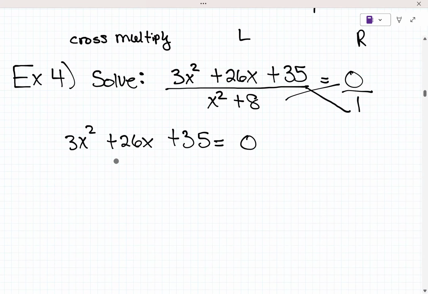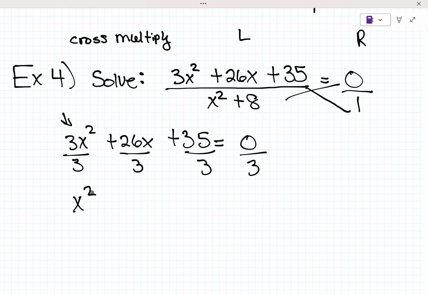Okay, so what I'll do next is, hey, could I divide everything by 3? Because I don't like this 3. I think I could. I could divide everything by 3. That'll make your life so much easier. Don't forget the 0. So over here, this is going to be x squared.